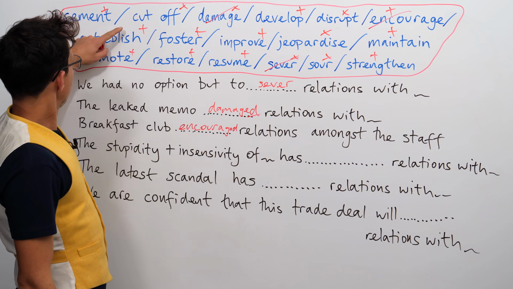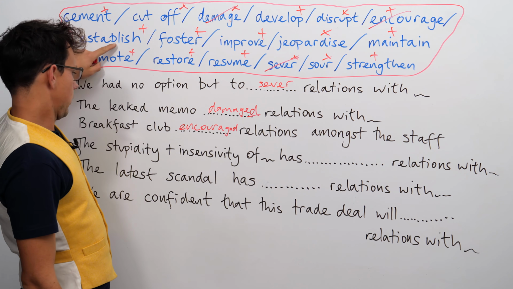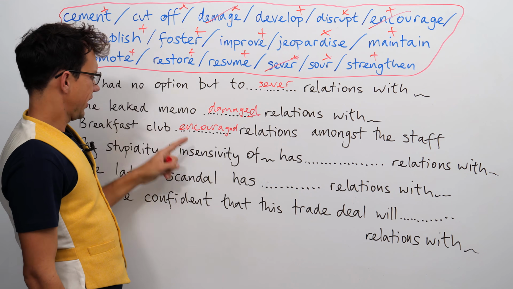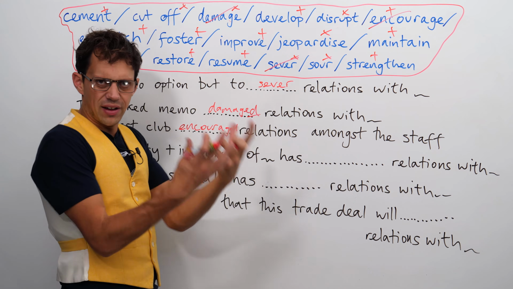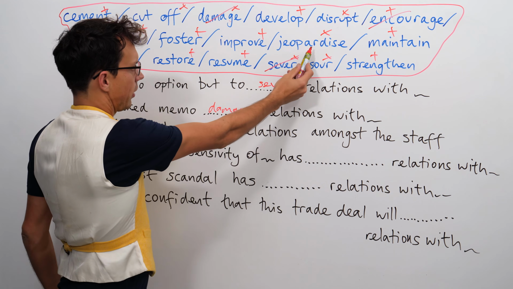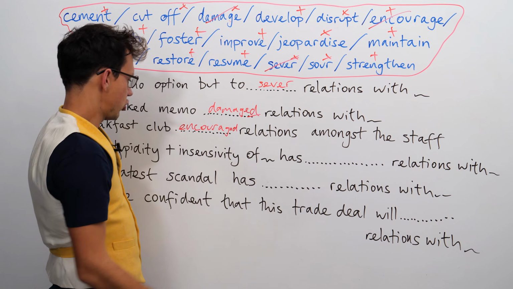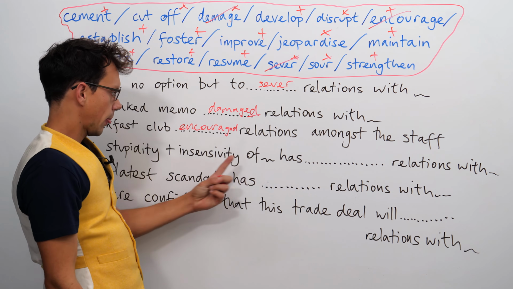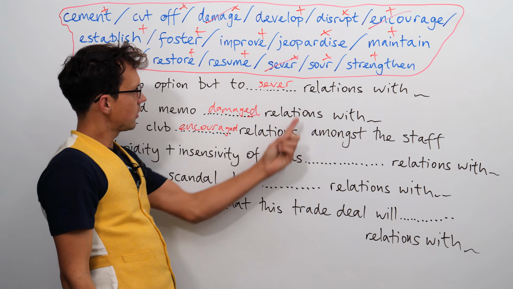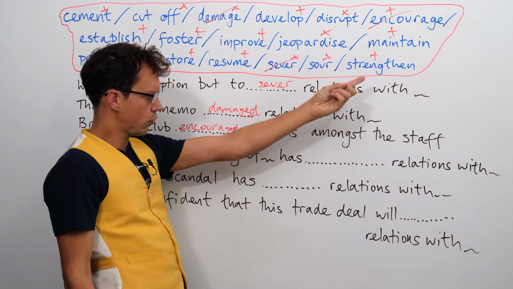Let's find another negative. Insensitivity has cut off. No, because again, it's something passive. They haven't decided to do it. Jeopardized, to be put in danger. The stupidity and insensitivity has jeopardized, to put at risk.